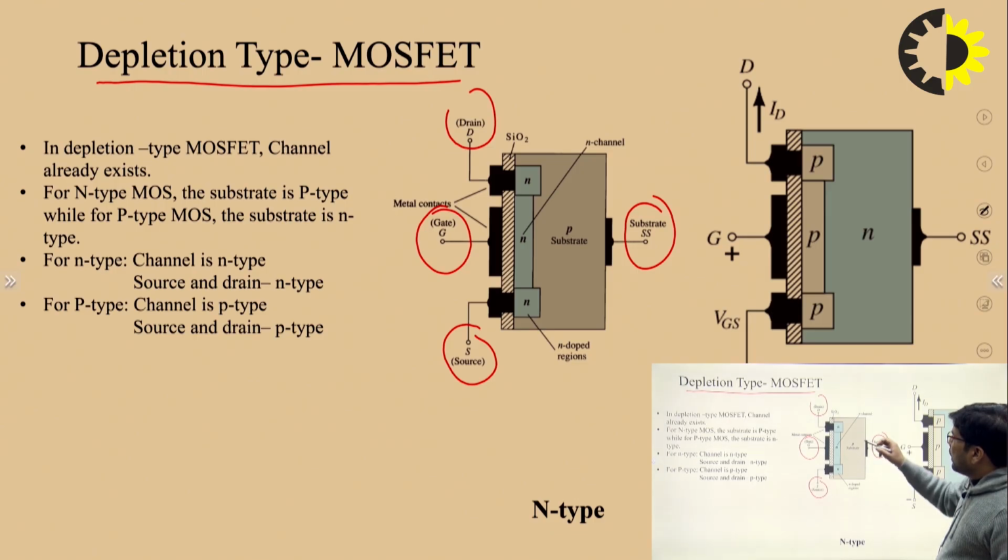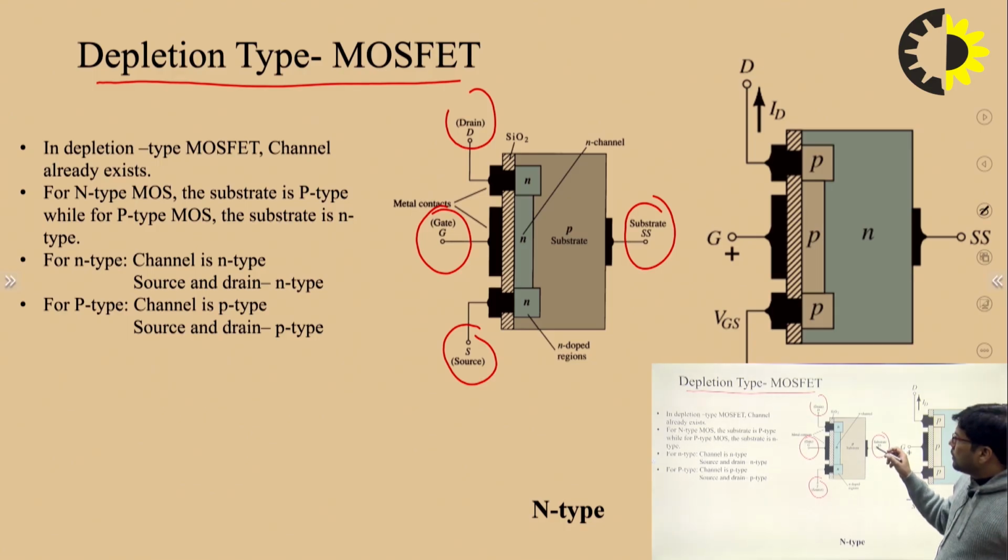Apart from this, you can see this is a symmetric kind of structure. You can replace source with drain and drain with source, due to which we can say this is a kind of symmetric structure.